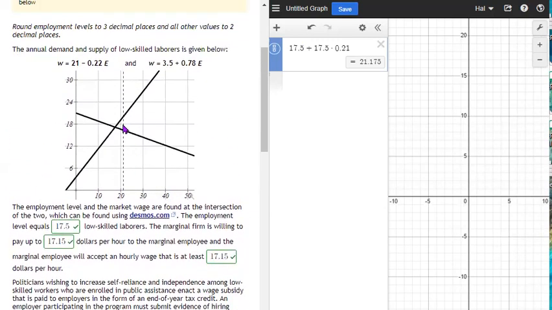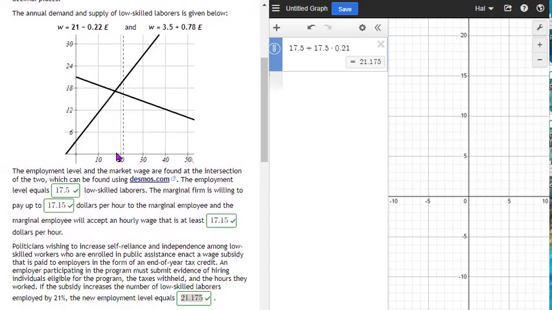When you plug this 21.175 into our labor supply equation, we should get a number that's between 18 and 24. It's the reservation wage of the new marginal employee. We've drawn somebody into this labor market that has a higher reservation wage than the previous one.